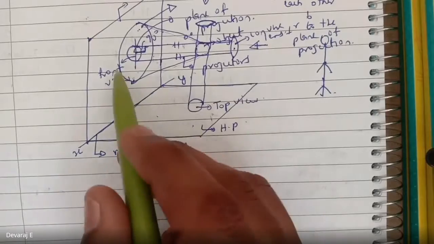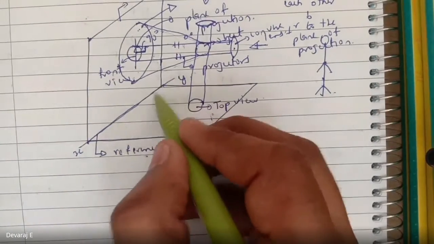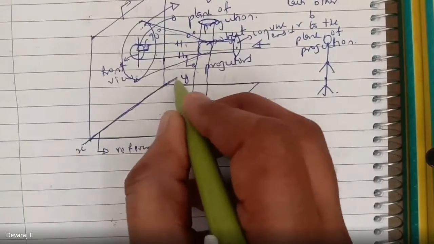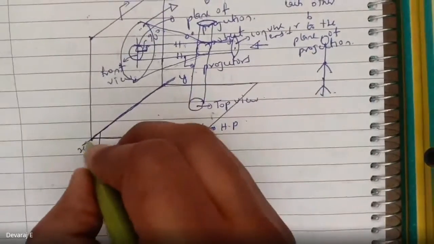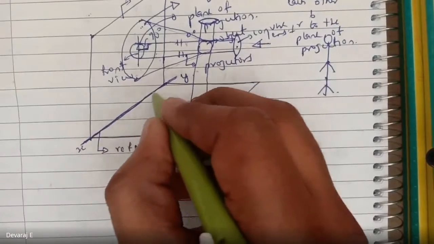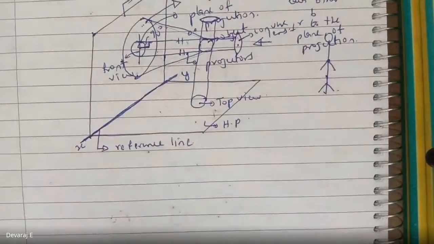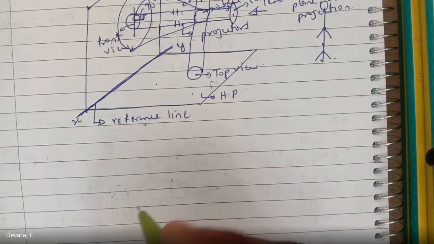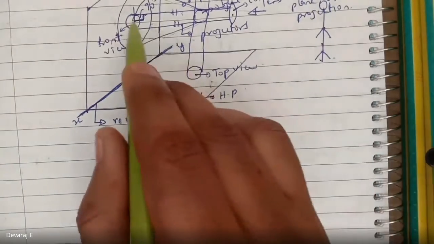This is the vertical plane, this is the horizontal plane. Where they are connected is called the reference line, and we should always mention this as XY, the XY axis. So everyone is clear with this? Yes, sir.